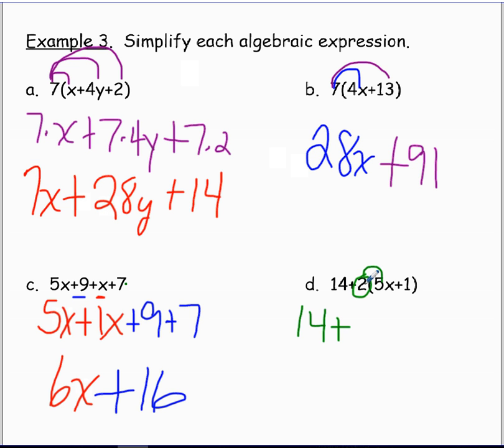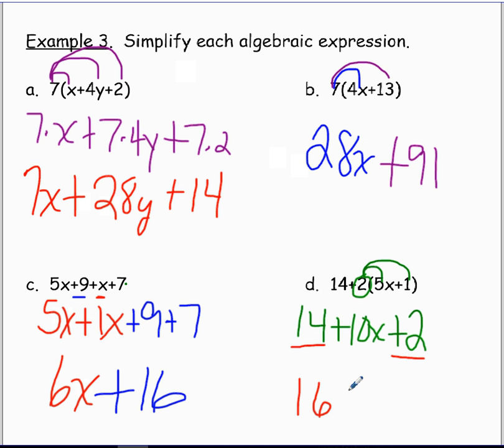And then we'll do 2 times 5x, which gives us 10x. And then the 2 times 1 for 2. And now we can look and see if there's like terms. And yes, there are. We have 2 constants of 14 and 2. So those combine together to get us 16.